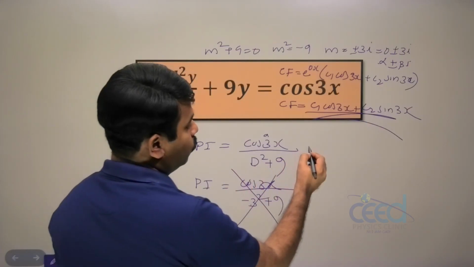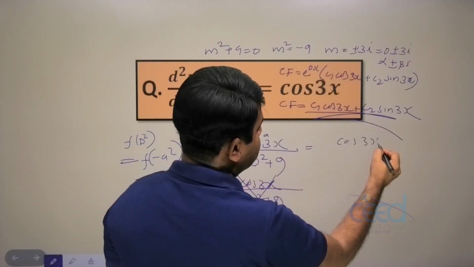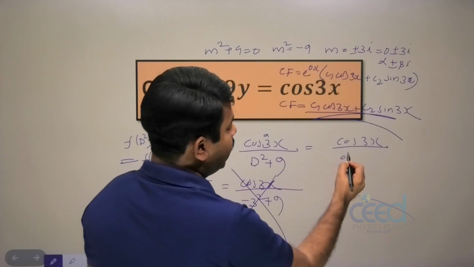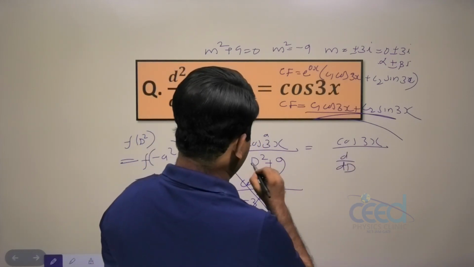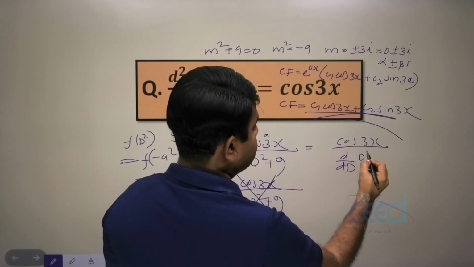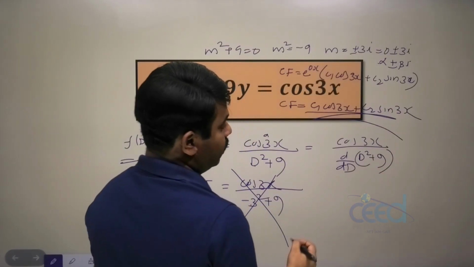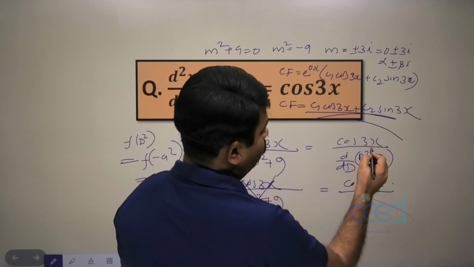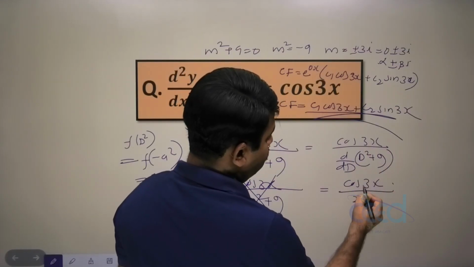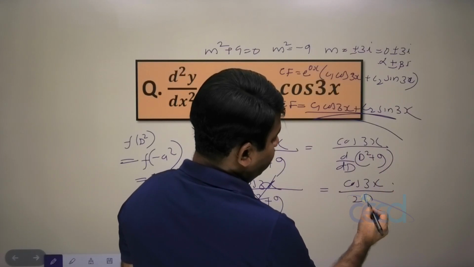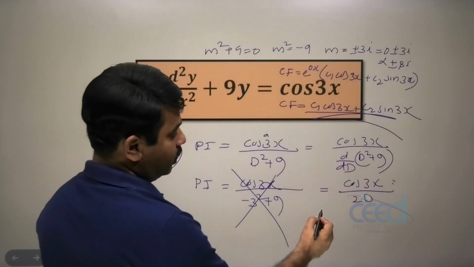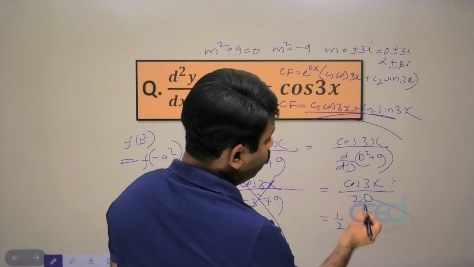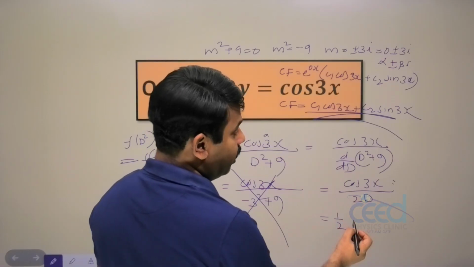Then what you have to do? You have to write cos 3x divided by the differential of f of d. F of d is d square plus 9. Then cos 3x divided by 2d, right? Then 1 by 2 into 1 by differential is integral.